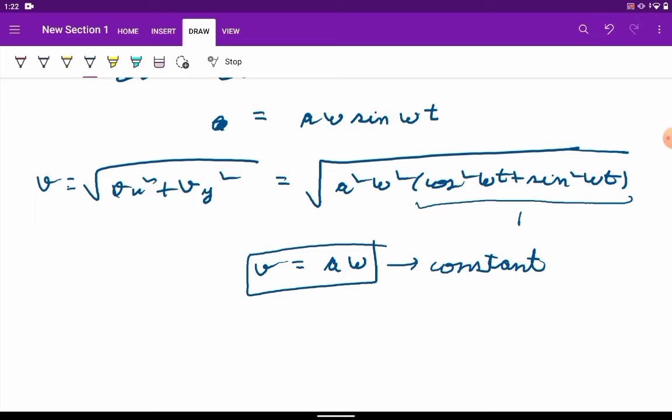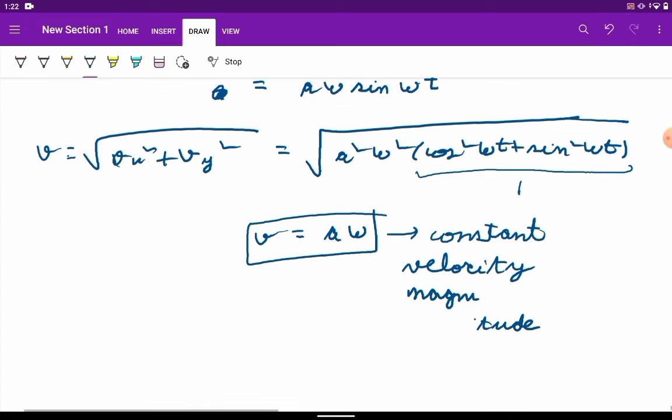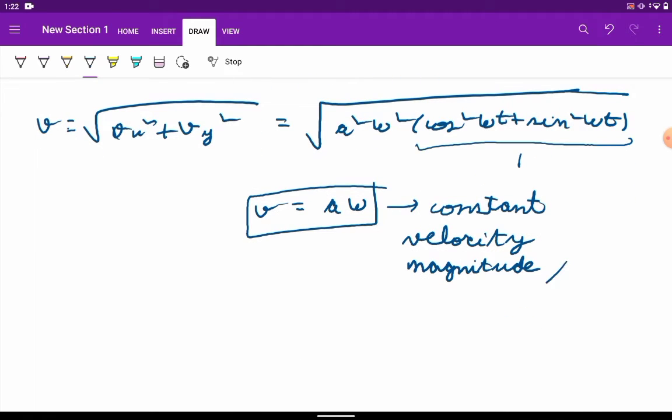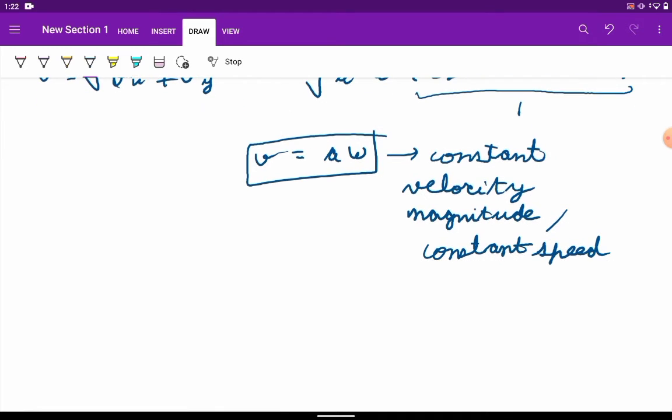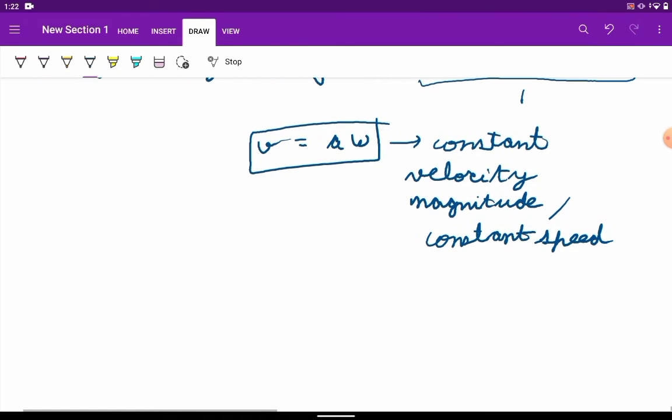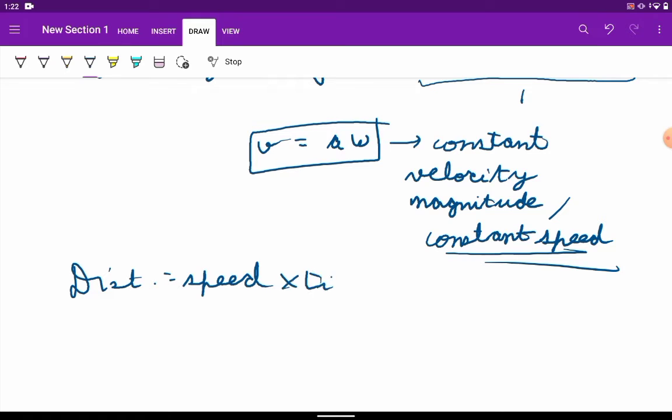Basically what this means is the point is traveling in the circular path with a constant velocity magnitude, or we can say in this case constant speed. And we know that for a constant speed, distance is equal to speed into time, right?